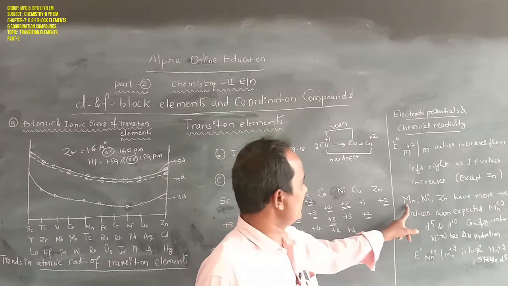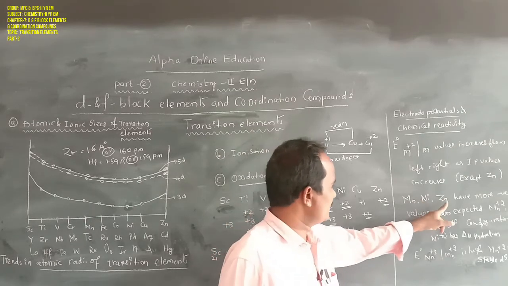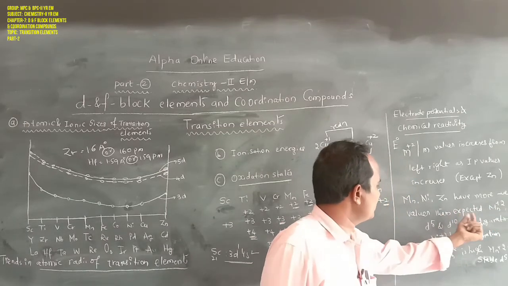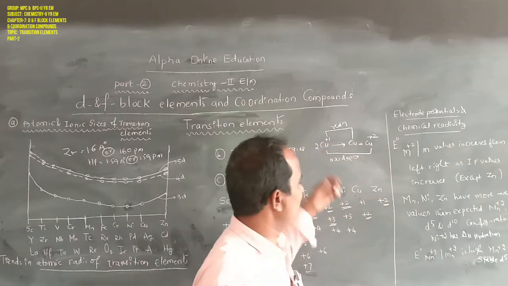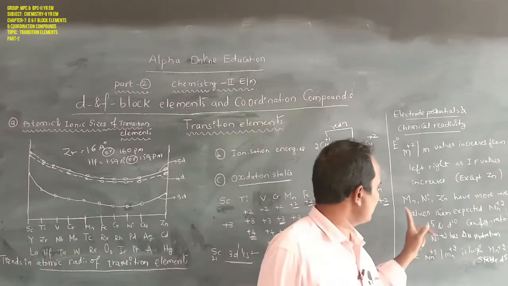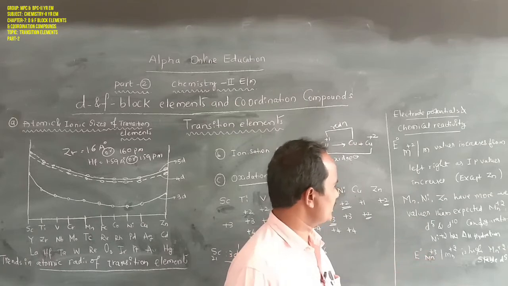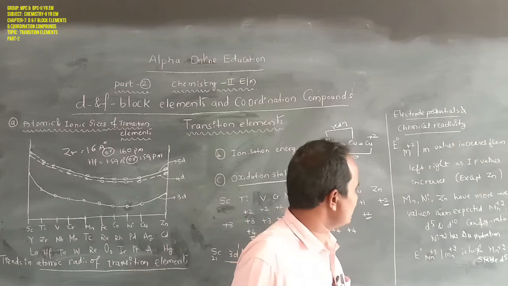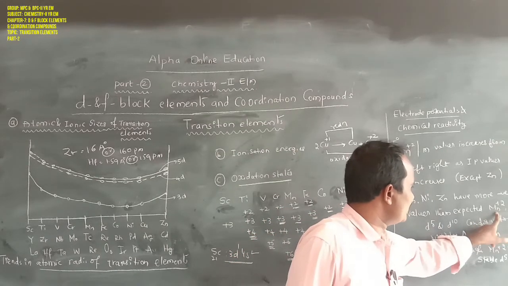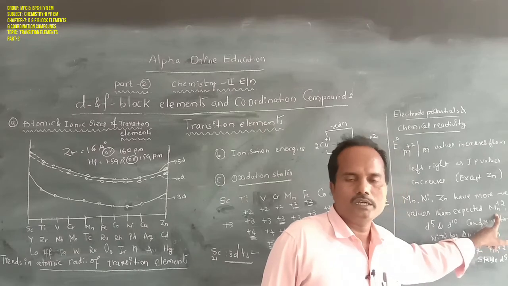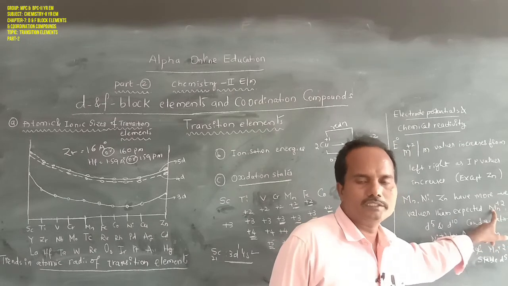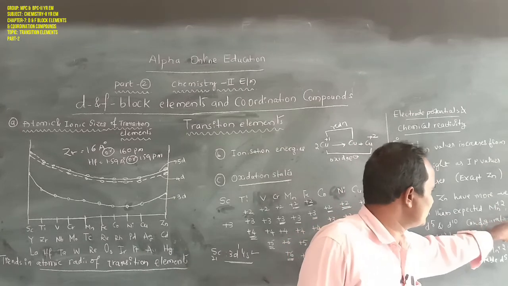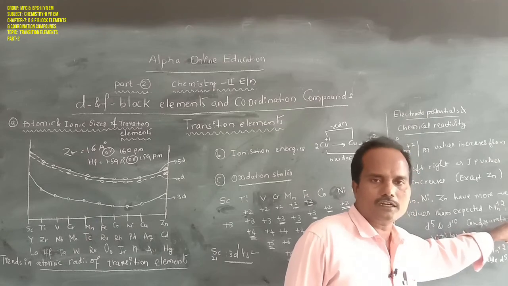Manganese, nickel and zinc have more negative standard reduction potential values than the expected values. The reason is that manganese, atomic number 25, in plus 2 state has only s electrons involved, giving a d5 configuration, whereas zinc has a d10 electron configuration.